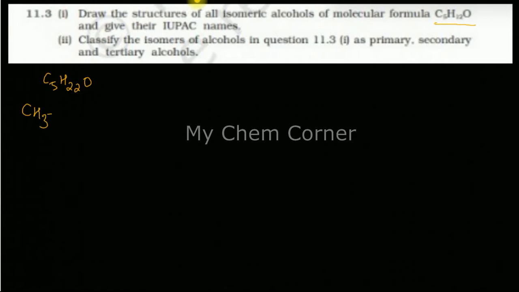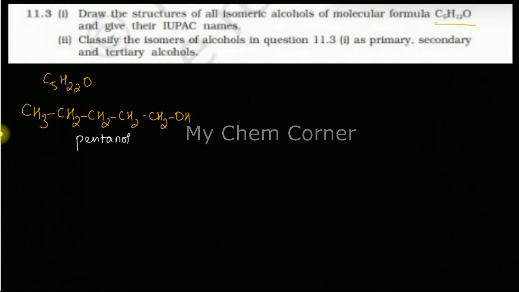So I'll just draw here CH3, CH2, CH2, CH2, another CH2 and OH. So here I have a pentanol structure. Alright, so the name for this compound is going to be pentanol, because I have a 5-carbon chain.